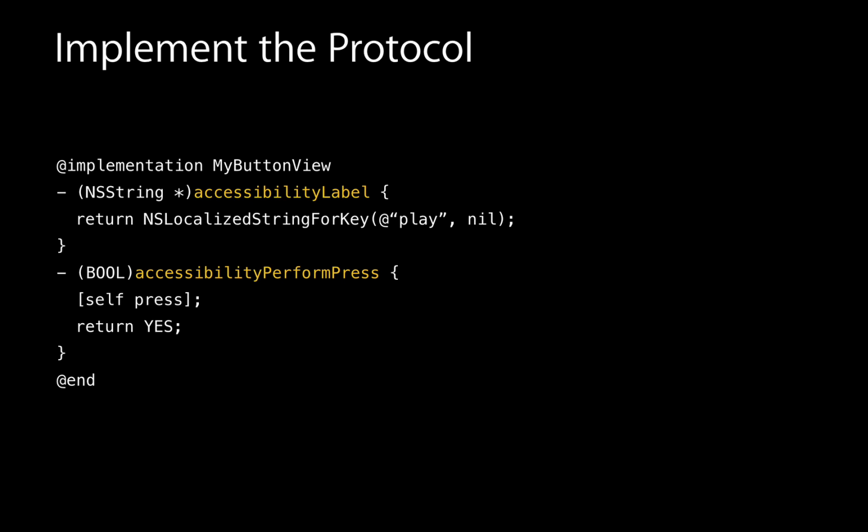For accessibilityPerformPress, you simply need to perform the action of pressing that button. So what's next? There's no next step. That's all. That's just how easy it is to implement accessibility, even for custom views.